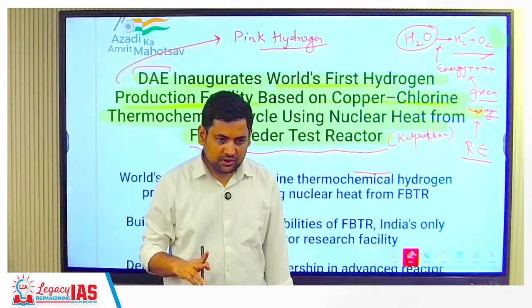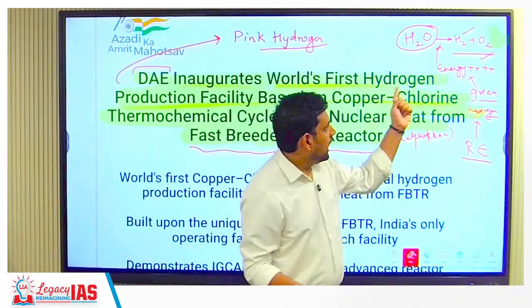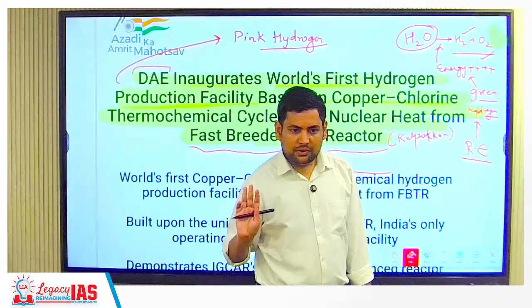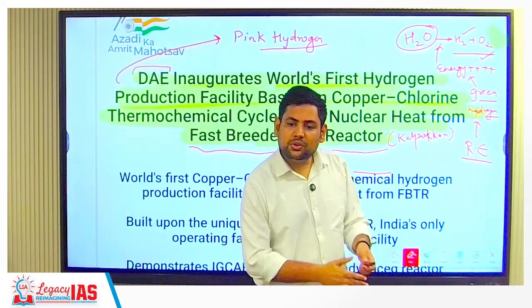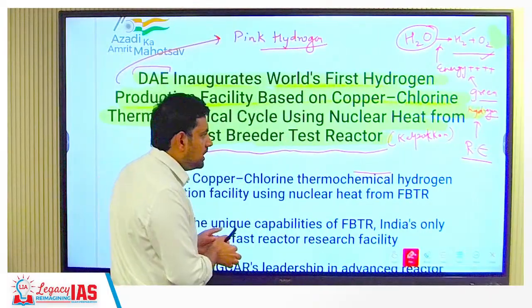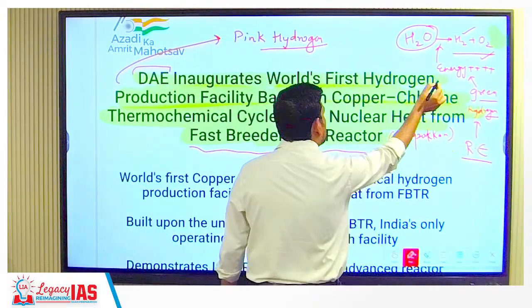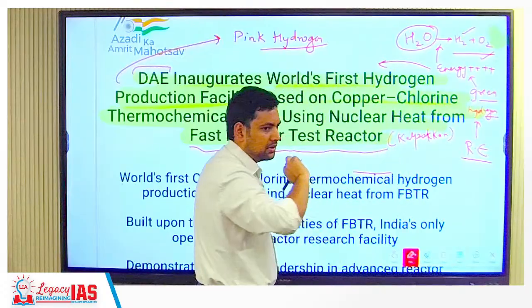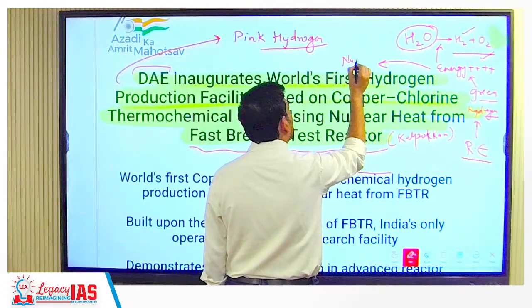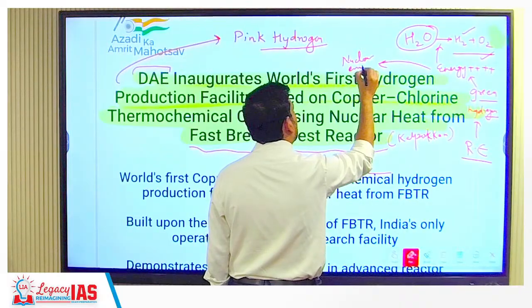So then it is a very nice process because you are using renewable energy and you are getting hydrogen, which is a very good replacement for fossil fuel based things. For example, through hydrogen you can run even vehicles and everything. Correct.